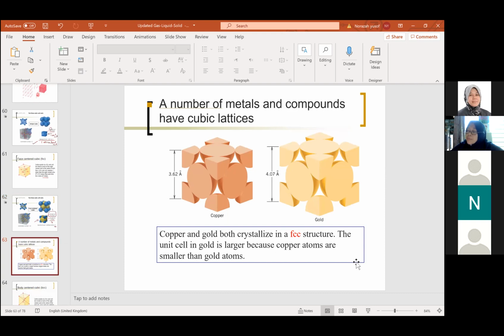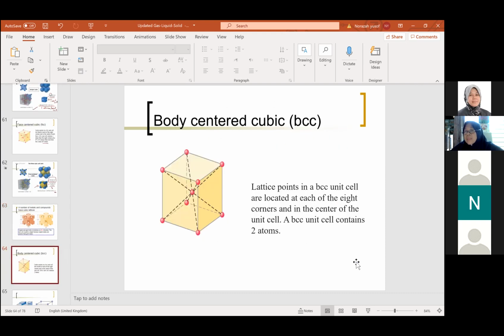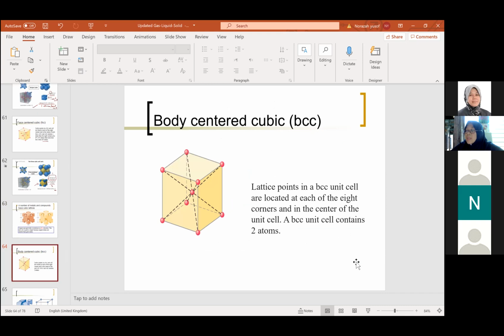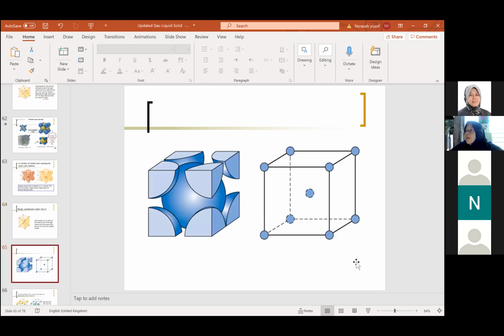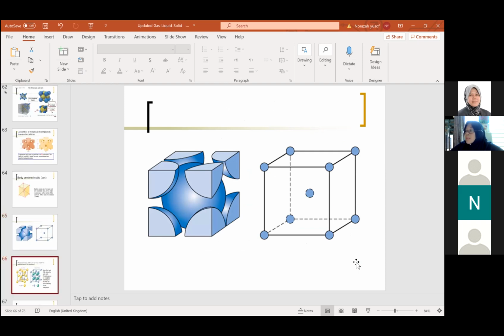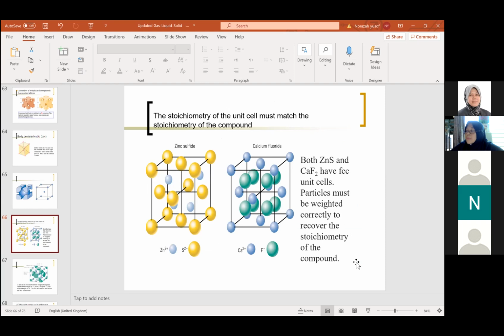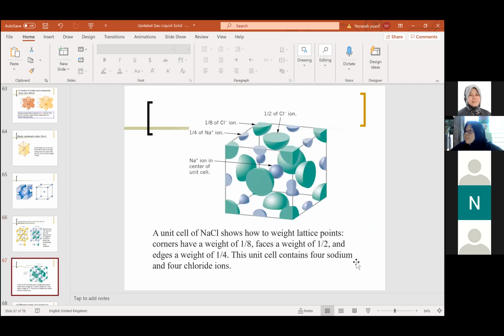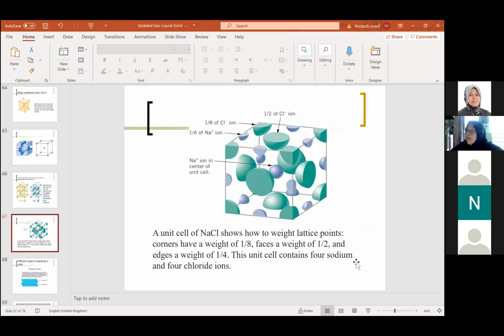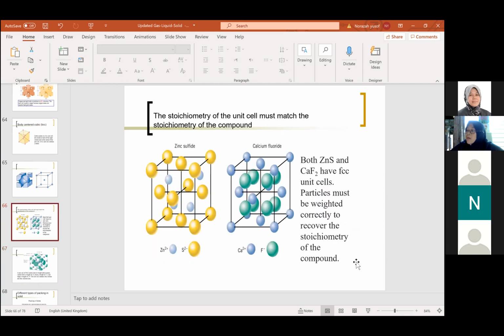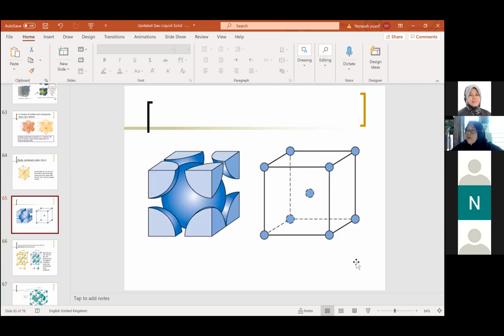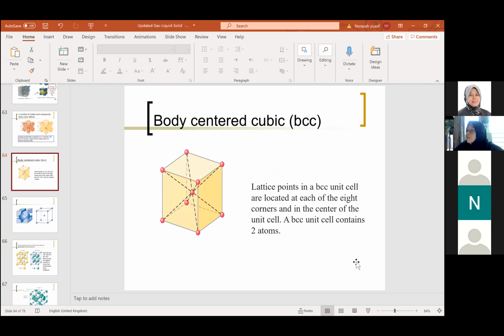The last one for solid crystal structure is body-centered cubic. This is what it looks like. How many atoms for body-centered cubic? 2 atoms.